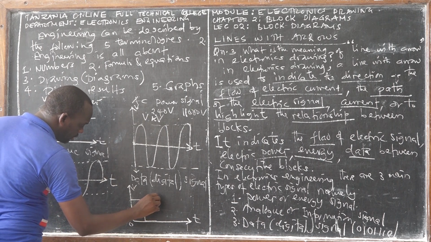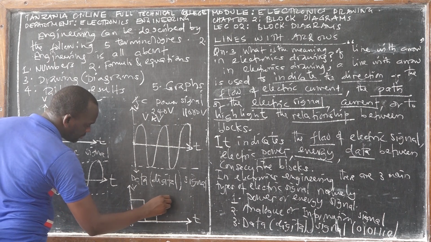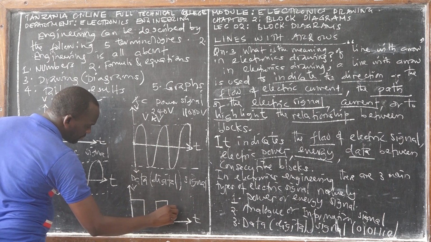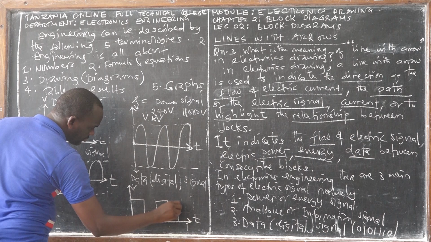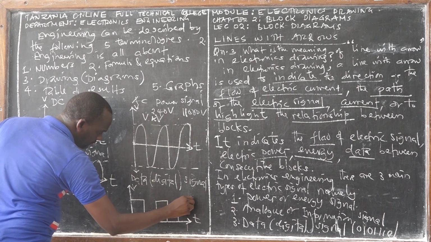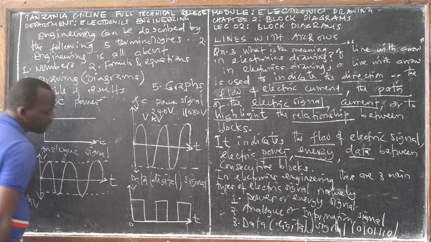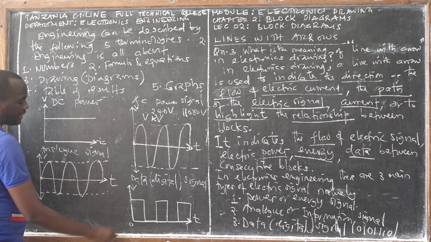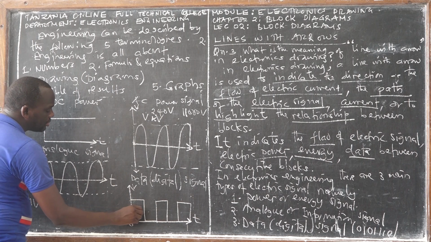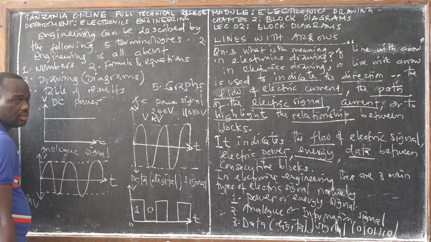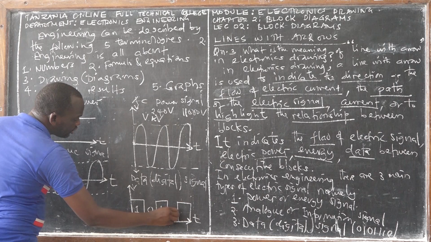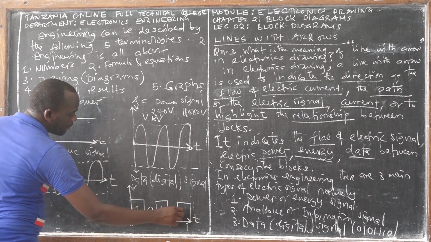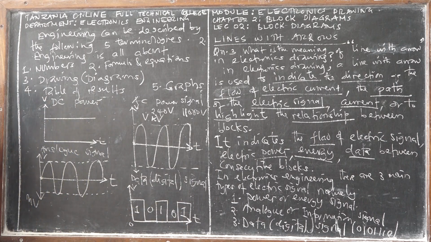This is digital signal. For this case, we say that this is binary number 1, this is binary number 0. This is binary number 1, this is binary number 0. This is binary number 1, etc.